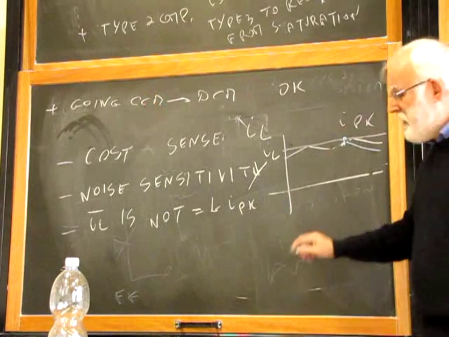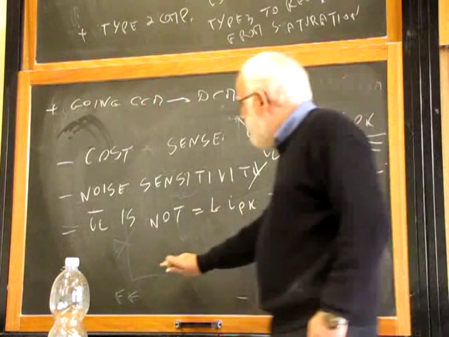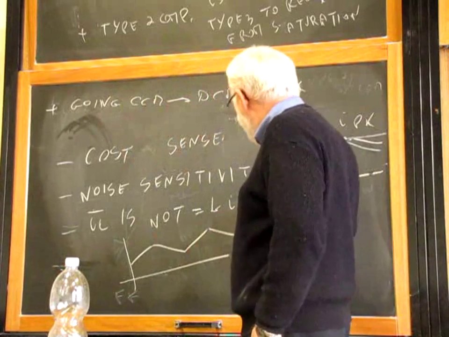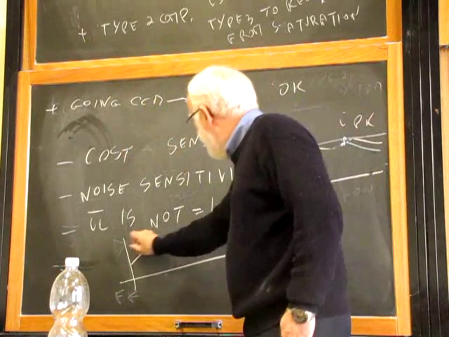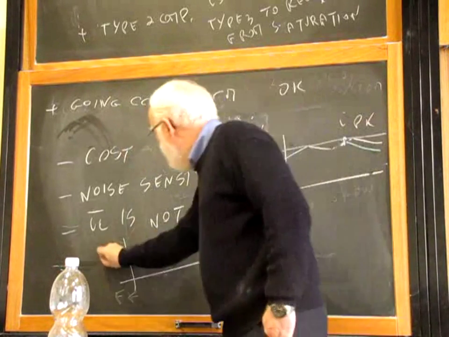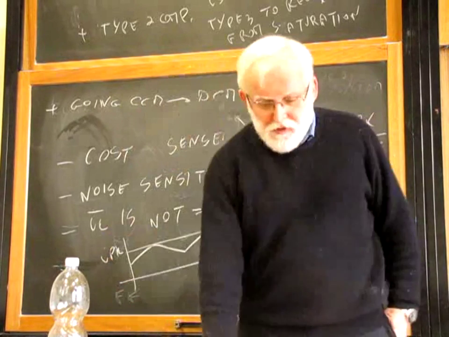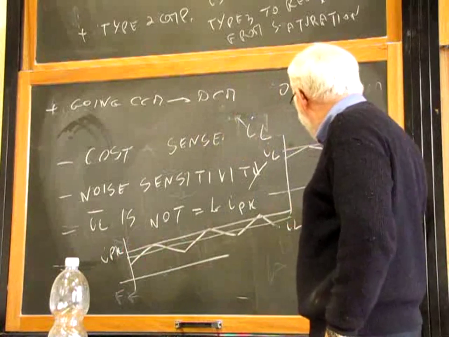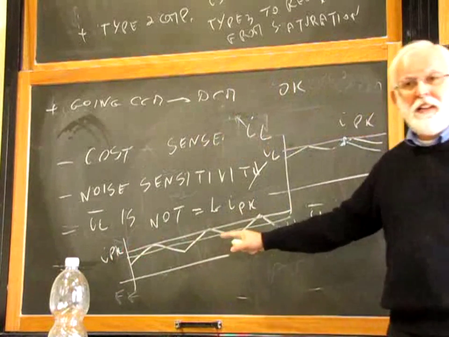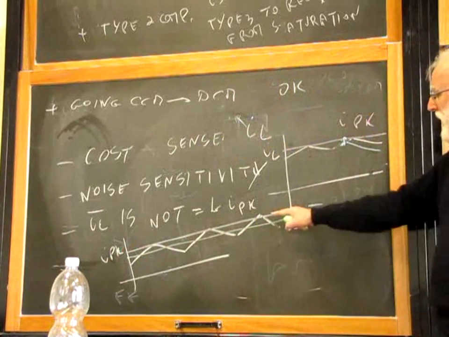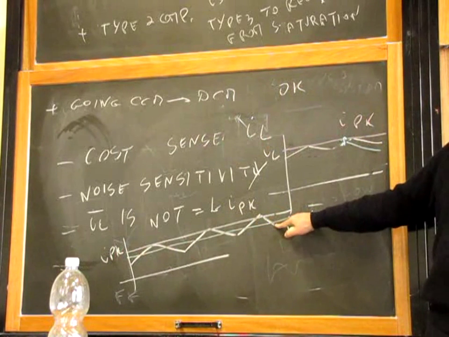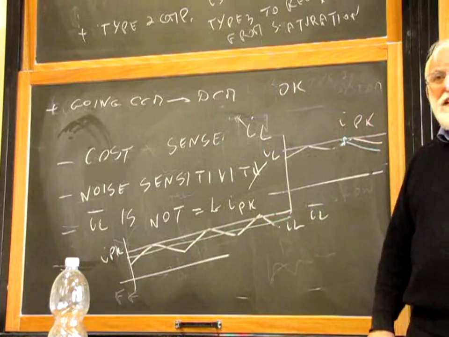You see, this is IL, this is IP, and you see that the average current, IL average, is smaller than IP. So you command this current and you get something less. Is it a big deal?